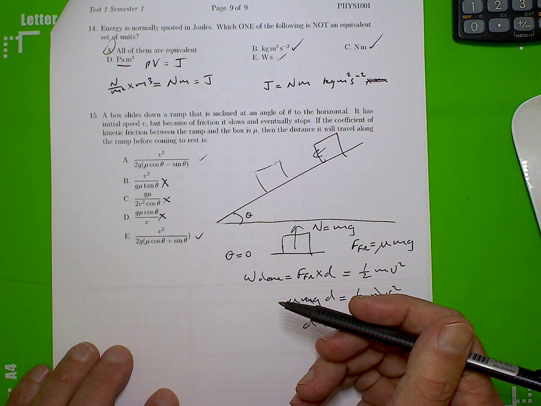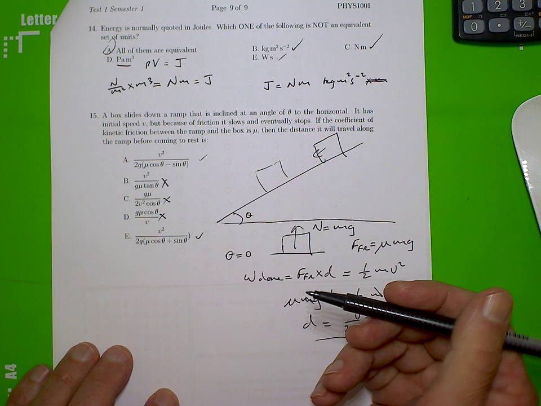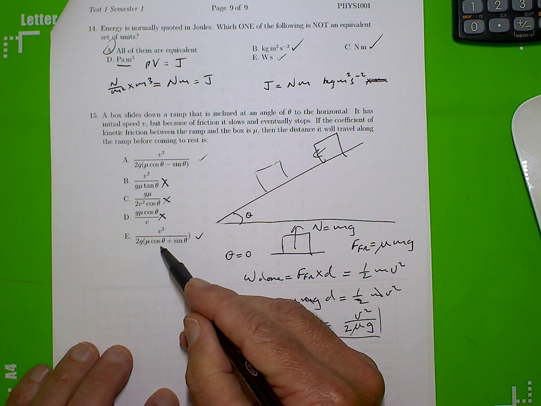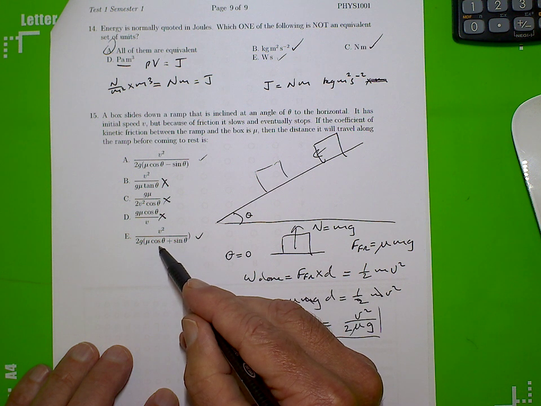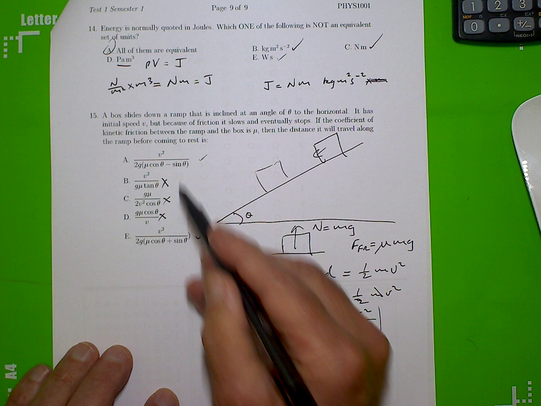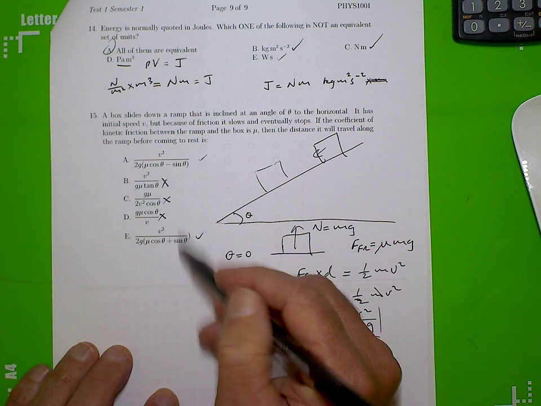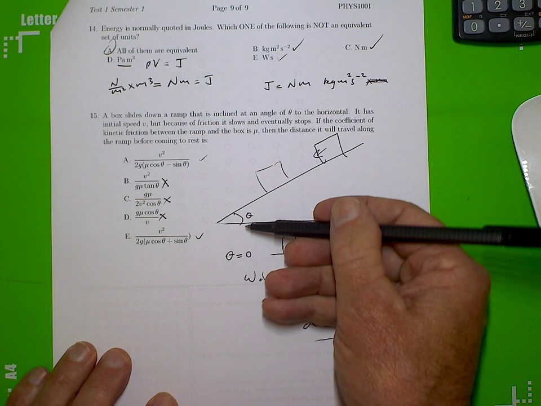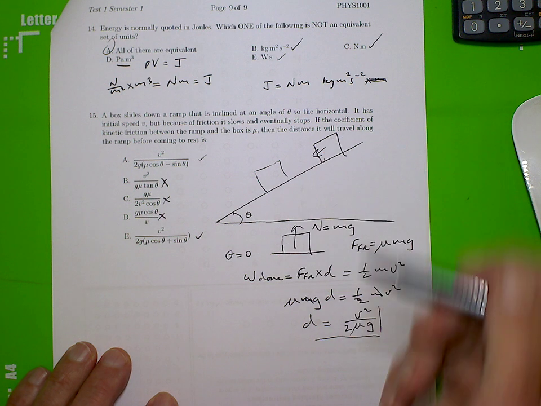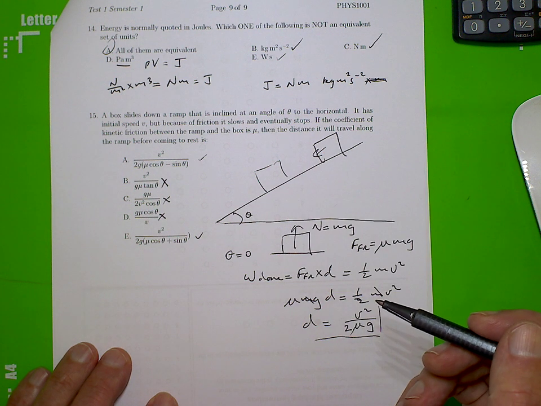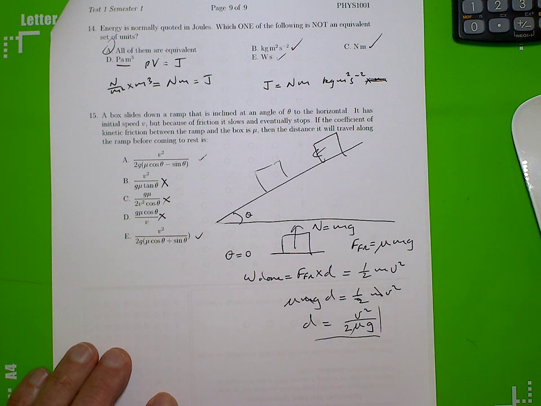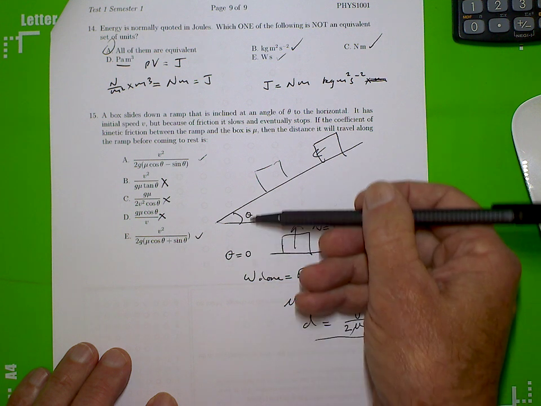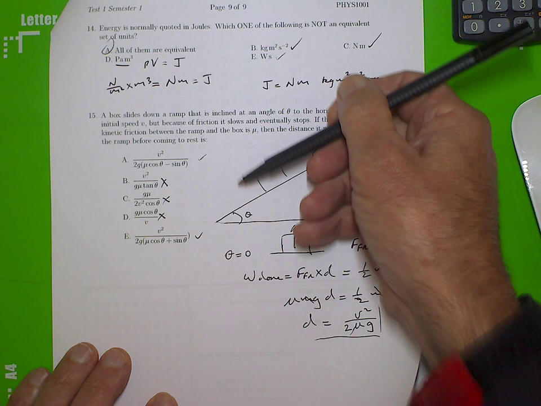Now, let's have a look at this. As we raise this slope, the distance it takes to stop should get longer, shouldn't it? Because we are gradually increasing.